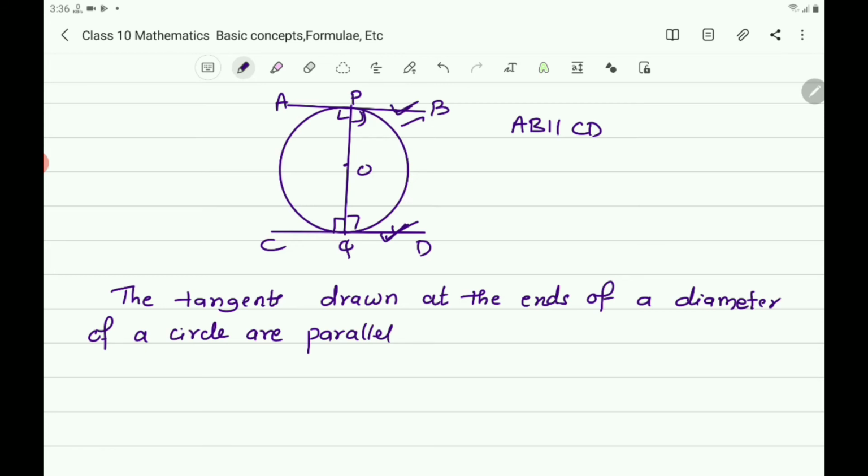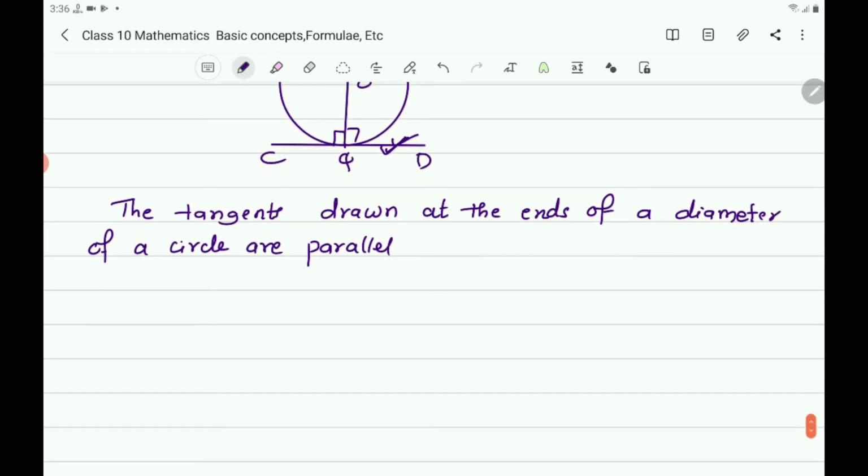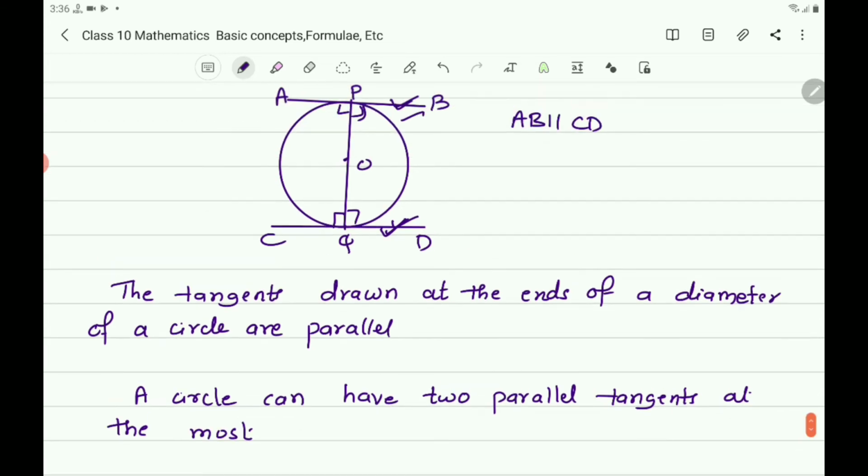So write: a circle can have two parallel tangents at the most, but it can have an infinite number of sets of parallel tangents.